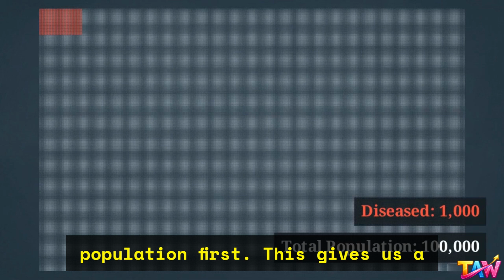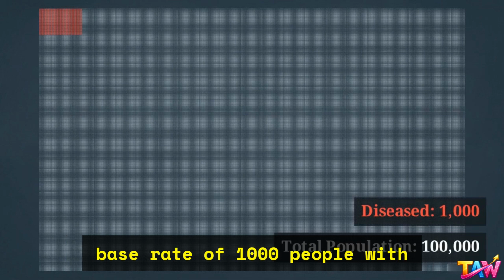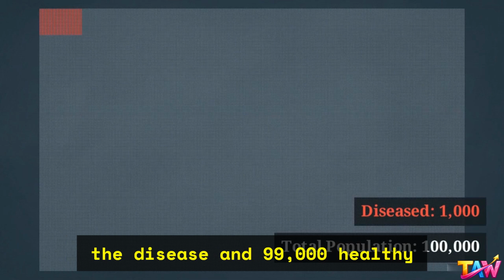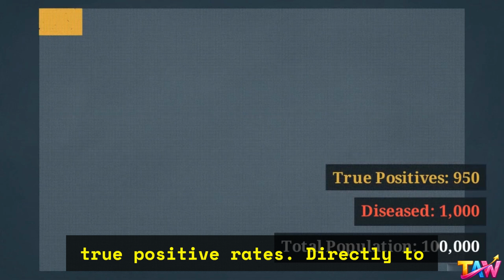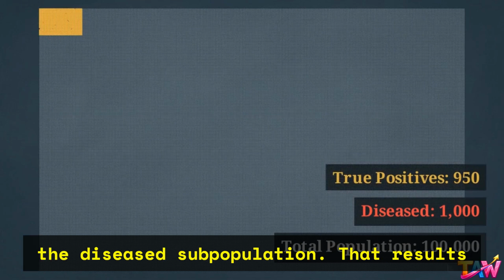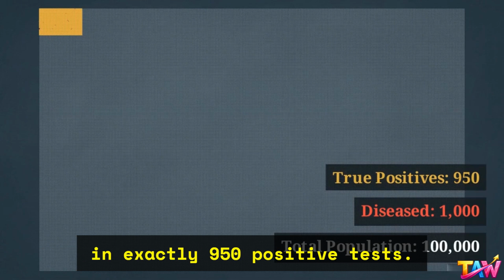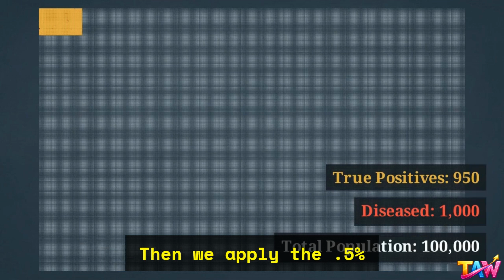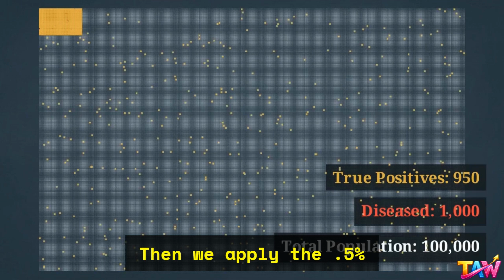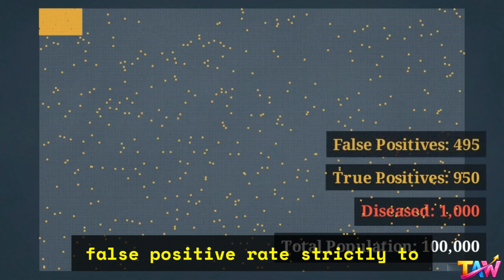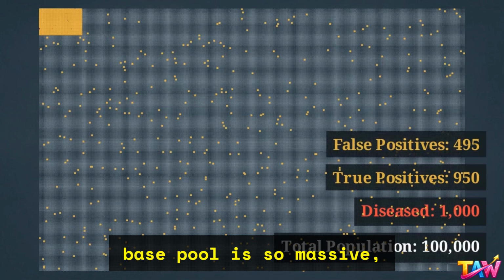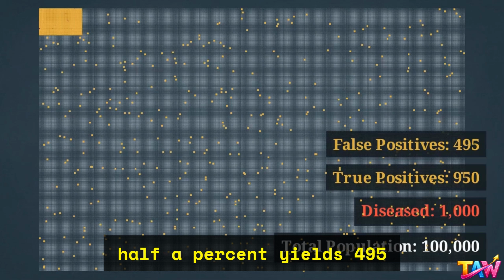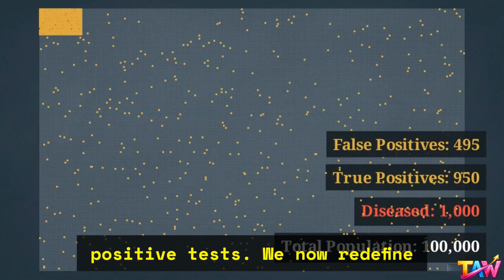This gives us a base rate of 1,000 people with the disease and 99,000 healthy individuals. Next, we apply the 95% true positive rate strictly to the diseased subpopulation. That results in exactly 950 positive tests. Then we apply the 0.5% false positive rate strictly to the healthy subpopulation. Because that base pool is so massive, 0.5% yields 495 positive tests.